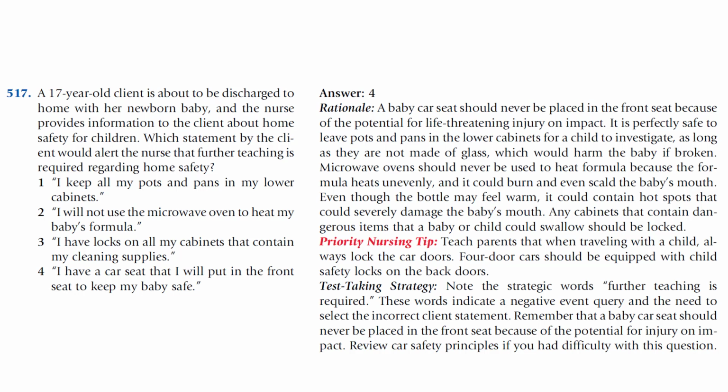Microwave ovens should never be used to heat formula because the formula heats unevenly, and it could burn and even scald the baby's mouth. Even though the bottle may feel warm, it could contain hot spots that could severely damage the baby's mouth. Any cabinets that contain dangerous items that a baby or child could swallow should be locked.